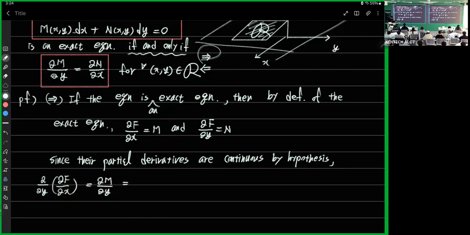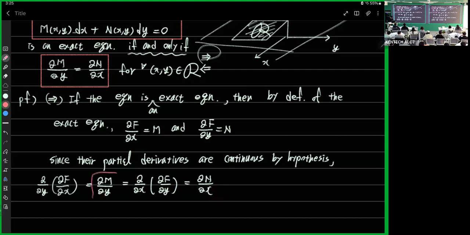And this is equal to partial x and partial f partial y. This is equal to partial n partial x. So I proved it. I proved that one.